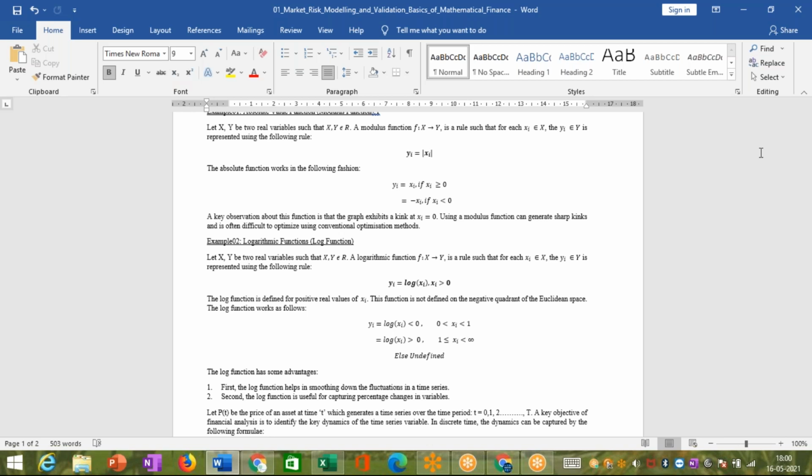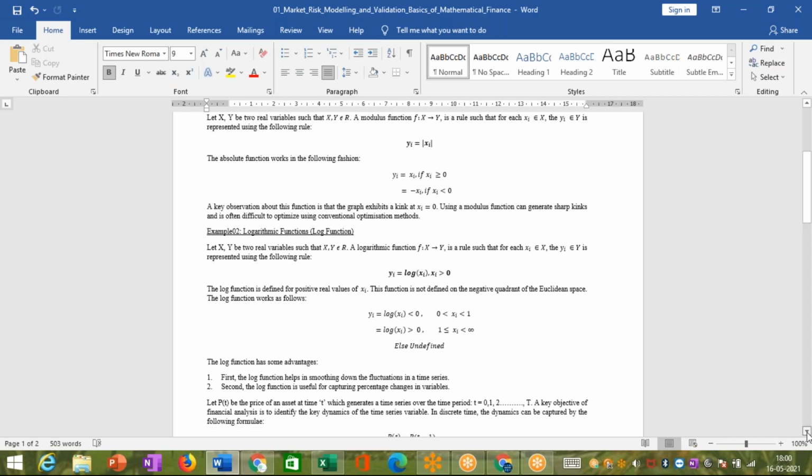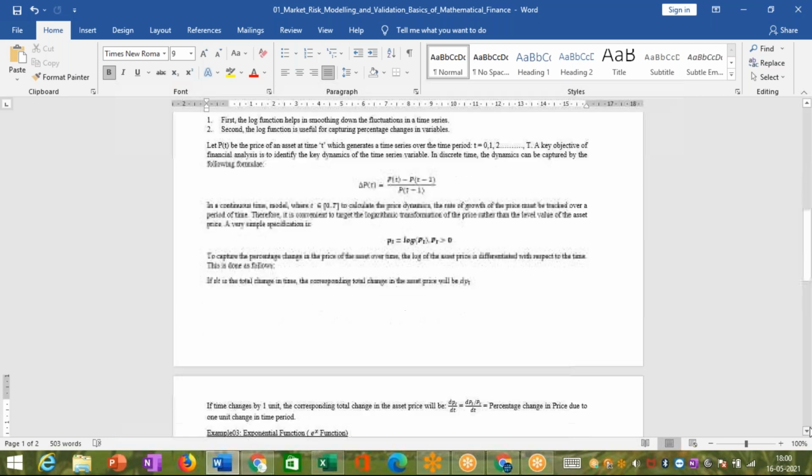In the above example we used log pt, right? So if I want to find what is pt, pt is nothing but e to the power of something. So it follows an exponential path. Variables which follow an exponential path have a constant growth rate, right?